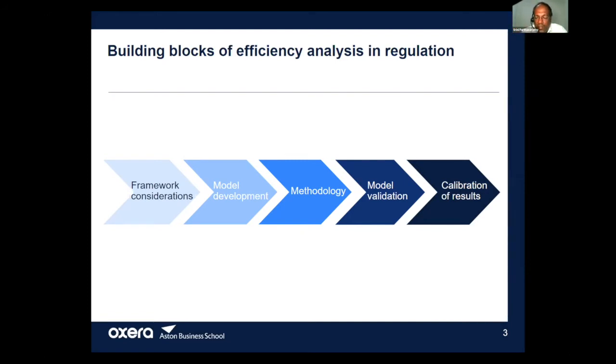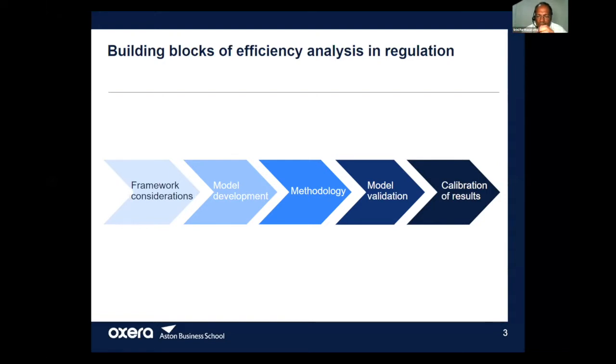As Emmanuel explained, whether using DEA or any other efficiency methods, one is able to identify best practice, and the regulator can use that information and set targets on the industry to adopt these best practices. In the interest of time, my presentation is going to be quite brief and high level. But of course, we welcome questions at the end of the talk, and you can reach out to us after the presentation or the conference as well. You can find my contact details on the website.